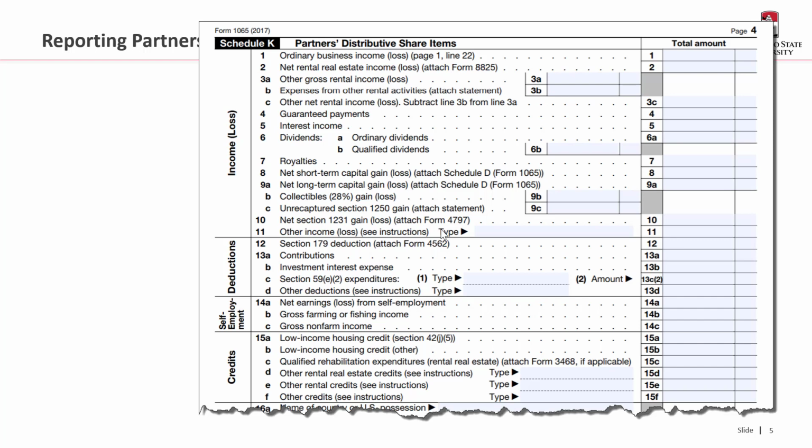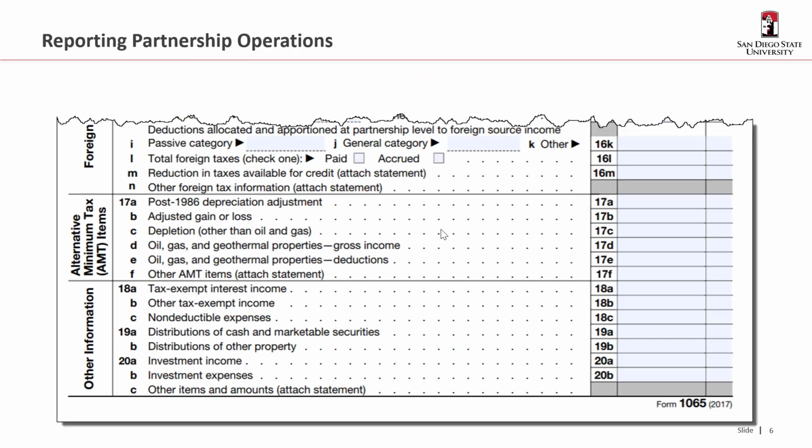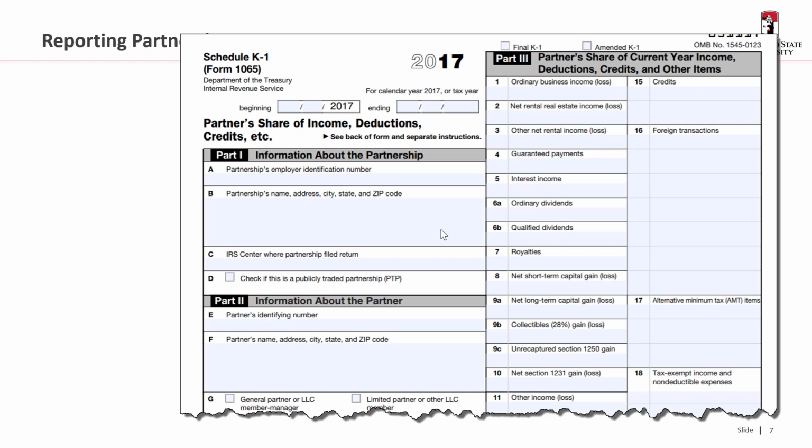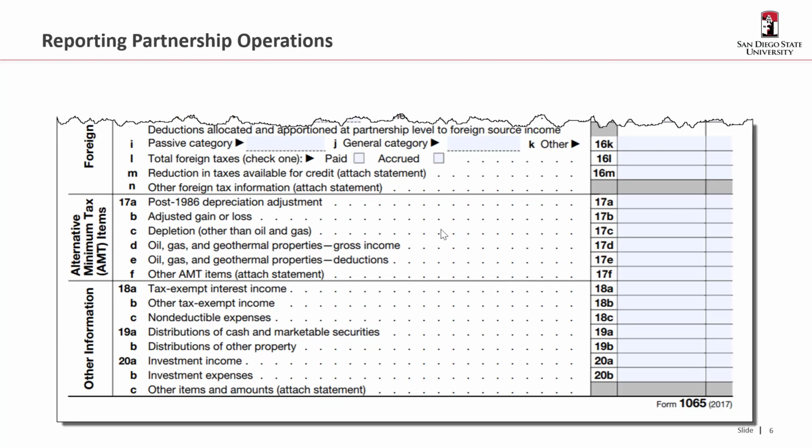These are all separately stated items that are aggregated at the partnership level, so the total partnership. Then each partner needs their own respective share of each of these items. That comes on a Schedule K-1. Sorry, this is the bottom of the Schedule K, not that it matters that much. There are a few other separately stated items.